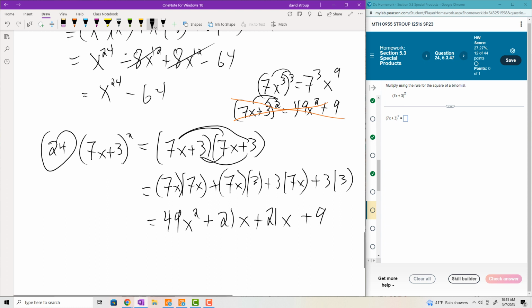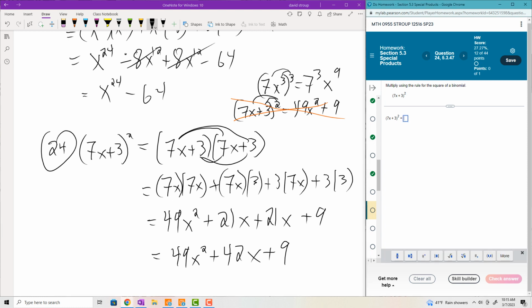The big issue is that you'll be missing the inner and outer terms. The thing I crossed out doesn't have the 21x plus the 21x, which is, of course, 42x. So you cannot distribute like we did when we had just a single term. If you have a binomial, you're literally going to have to FOIL it out. So here, 49x squared plus 42x plus 9.